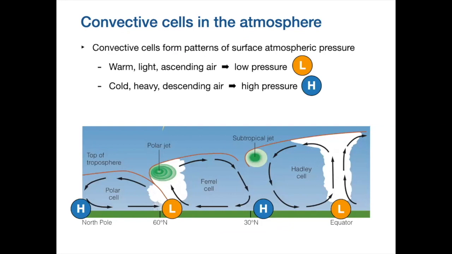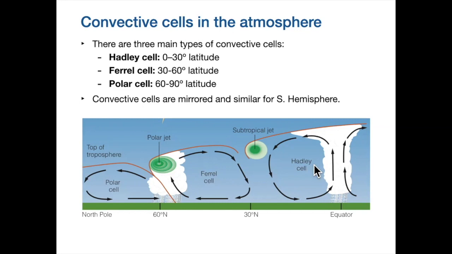We've talked about this a bit before, but just to summarize again, we have low pressure at the equator, so we have rising air, high pressure at 30 north, so we have sinking air, rising air, and sinking at the poles. This gives us 3 convection cells in each hemisphere of the atmosphere.